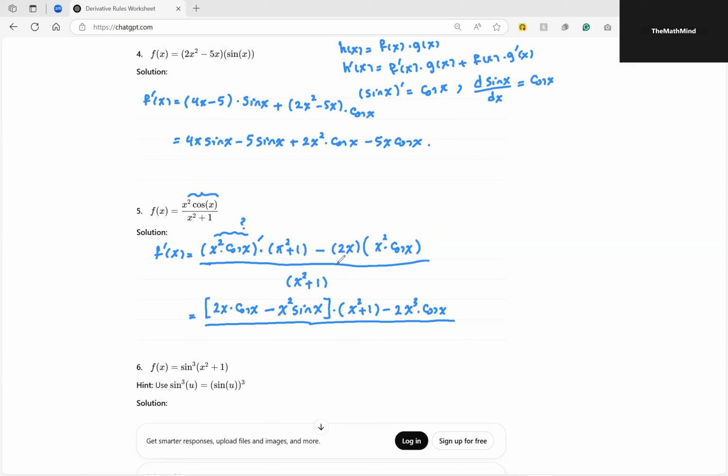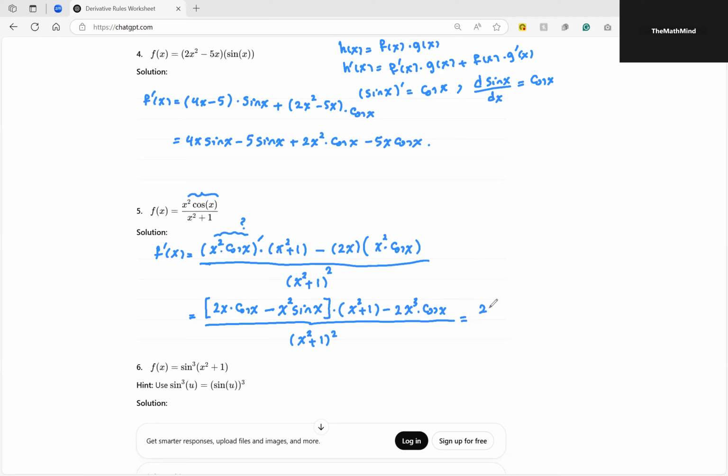Divided by, okay, my bad, this should be x squared plus 1 to the power of 2. We're using the quotient formula, and in the bottom we have the square. So now we can expand the top and simplify this as much as we can.